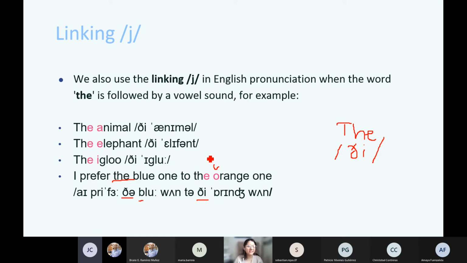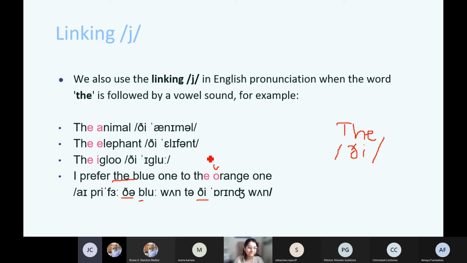Yeah, it is. We use a linking "y," but it's not that prominent. You are going to watch another video now, and you will notice that it's very unnoticeable. I pronounce the feature in a kind of prominent way so that you can understand this, but usually it is very soft and almost not noticeable. So it's "thee orange."